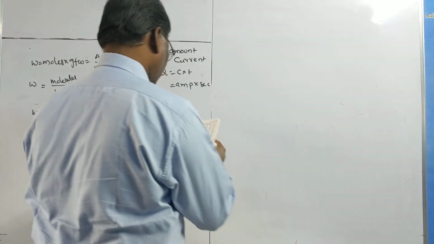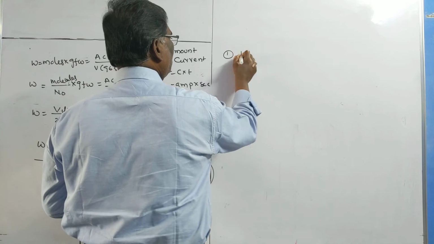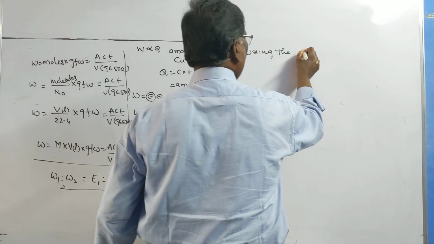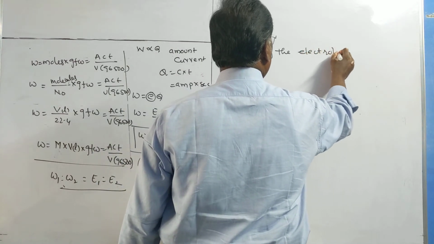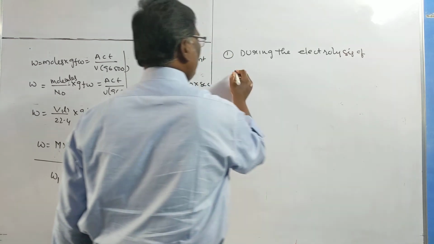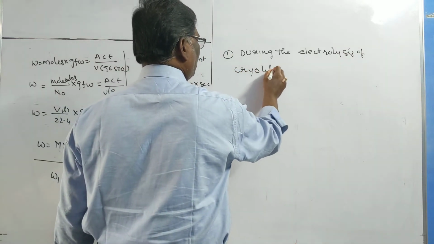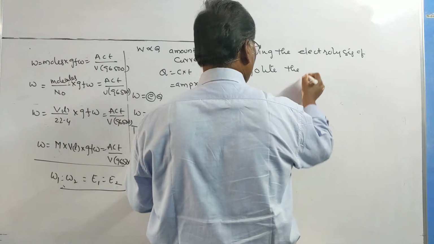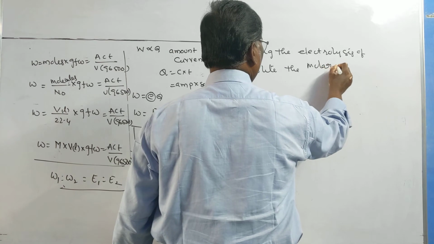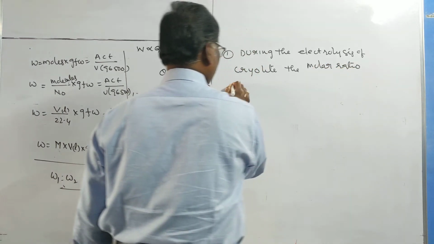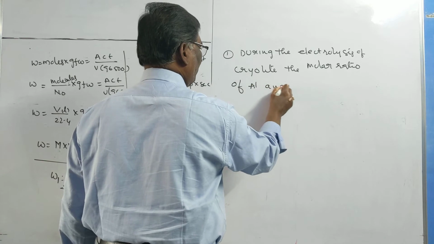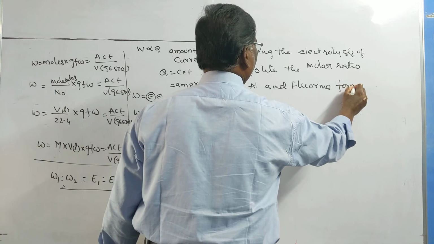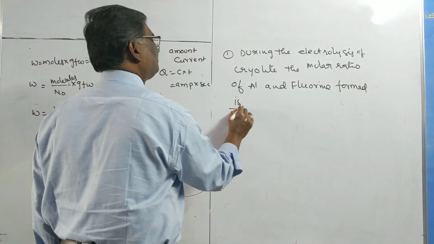The first problem is: during the electrolysis of cryolite, the molar ratio of aluminum and fluorine formed is dash.